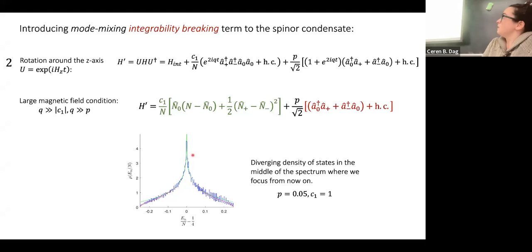Yes, because what I do in the end is we have this large magnetic field condition. Under that condition, we can have the simpler Hamiltonian. Q is effectively infinity, yeah, you can take it like this. So that we are actually at the level of energy level of P, and that affects the Hamiltonian.